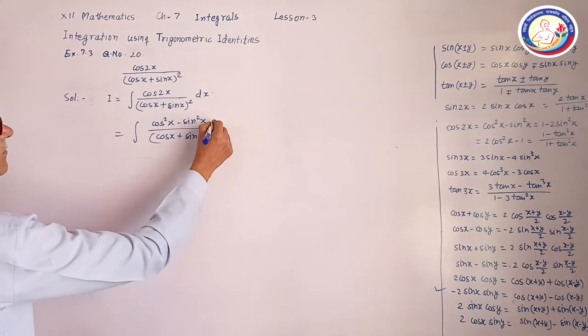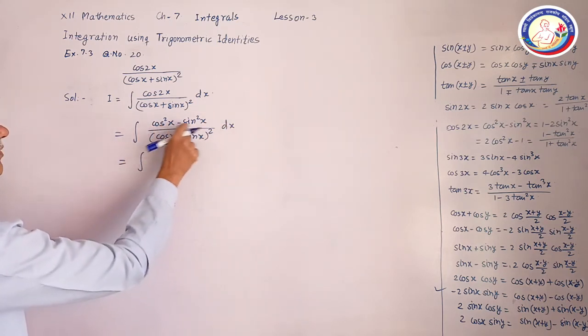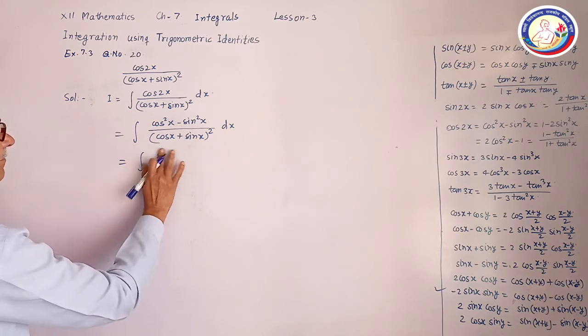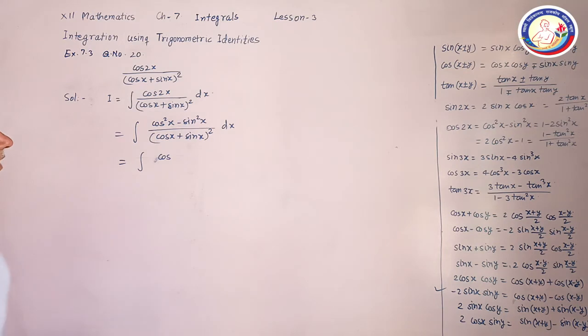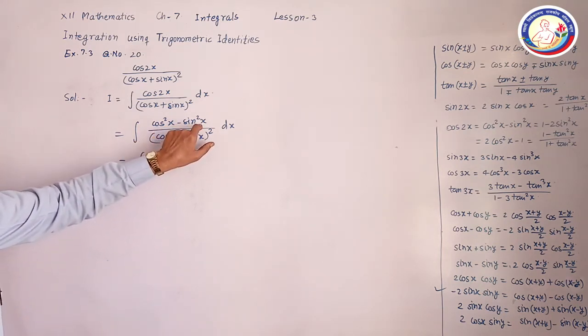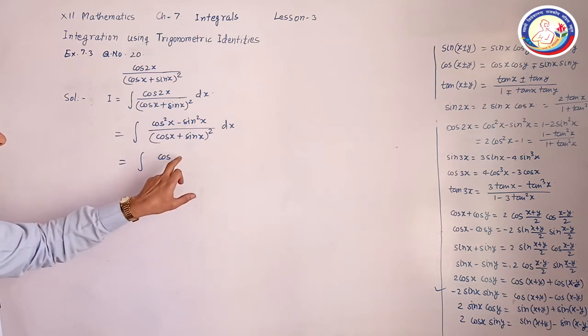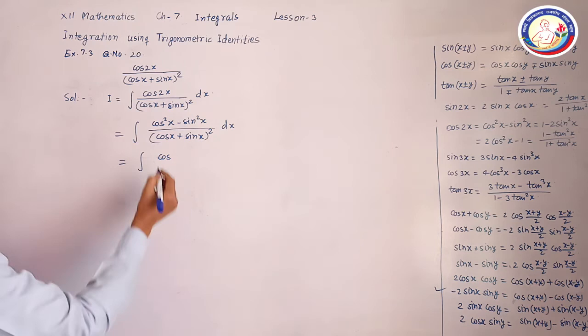Now factorize this. One factor will be cos x plus sine x, using the formula a square minus b square, the difference of squares of two numbers, which is equal to the product of the sum and difference of these two terms.